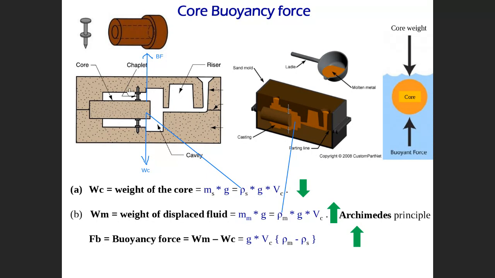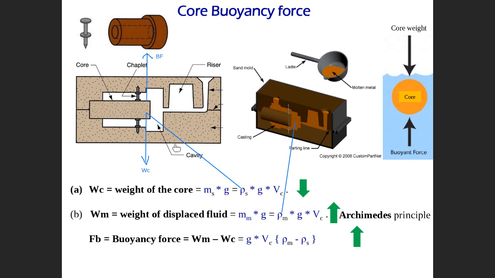Because the volume of displaced liquid is exactly equal to the volume of the core. The volume of displaced liquid, حجم السائل المزاح, is exactly equal to the core volume. So rho metal, because this is the displaced fluid, multiplied by V core, which is the mass, multiplied by gravity acceleration. Then you have two forces, one up and one down.